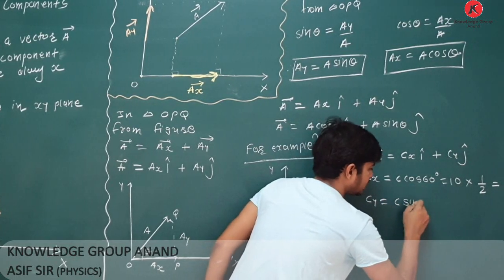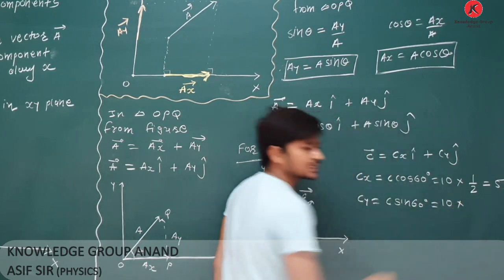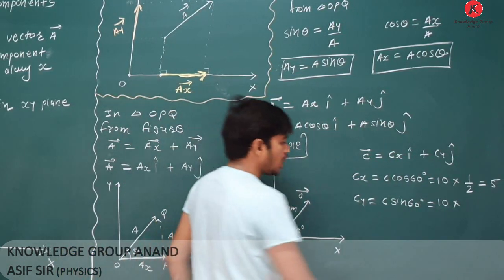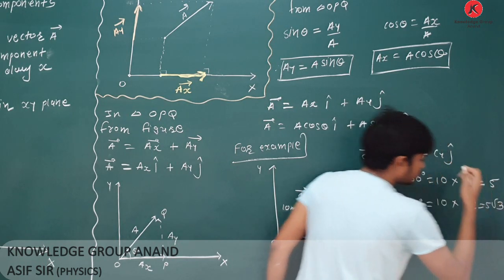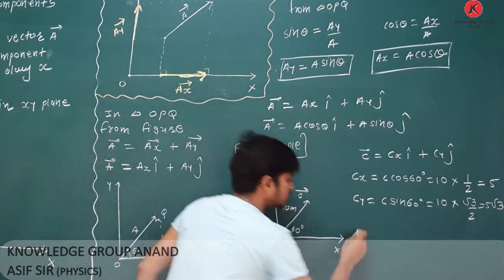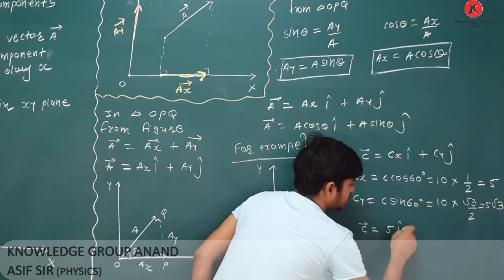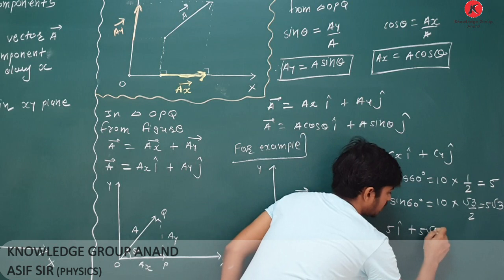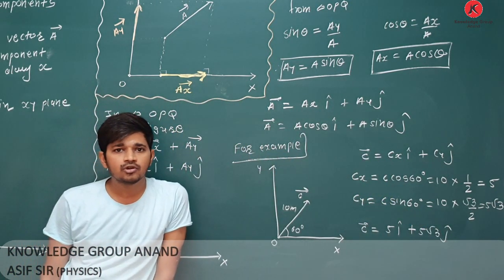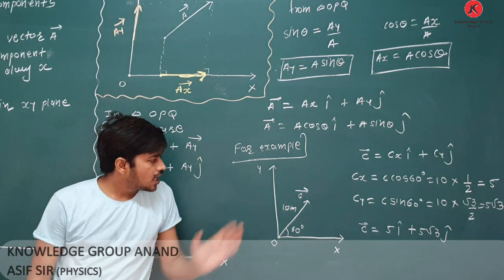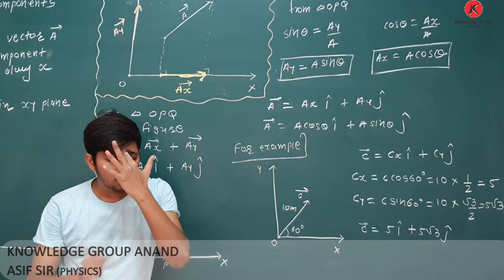CY is C sin 60, which is 10 times sin 60. Sin 60 means root 3 by 2, so it is 5 root 3. So how to represent this vector C? C is equal to 5 i caret plus 5 root 3 j caret. Clear about this? Okay, so this is how to represent any vector in terms of components.